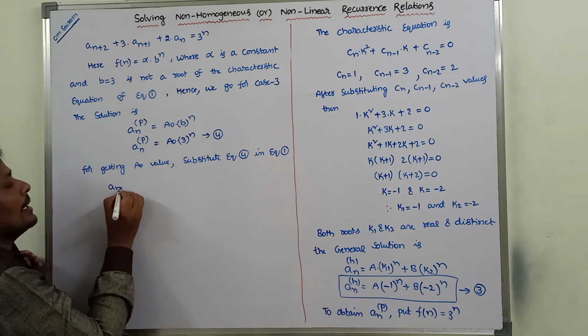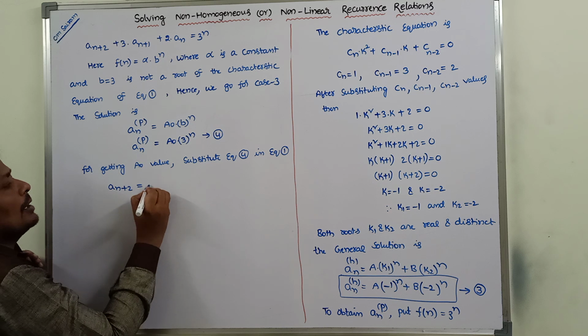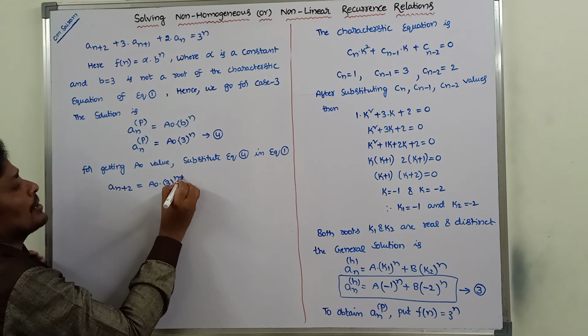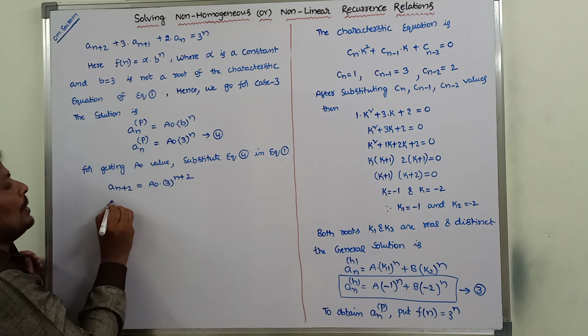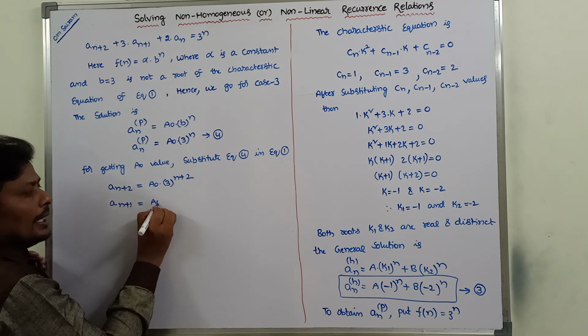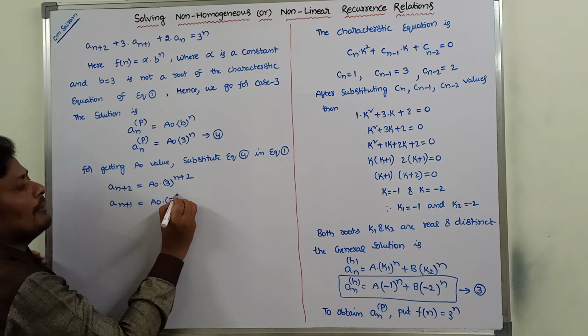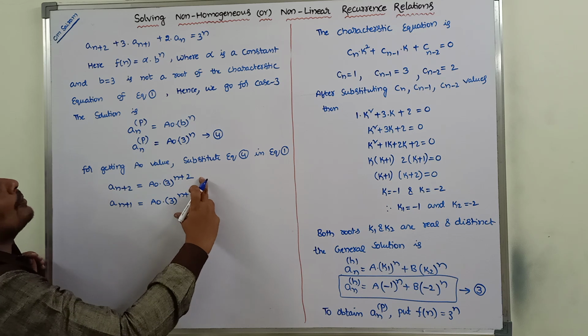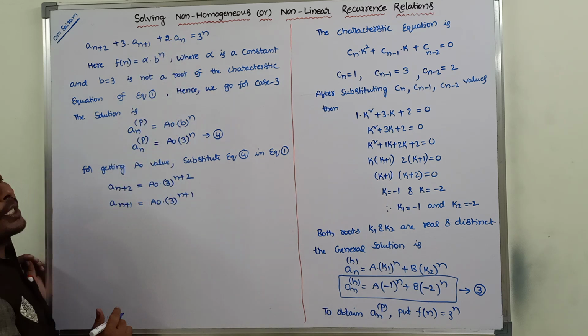Now a suffix n plus 1 is equal to a naught into 3 power n plus 1. Now these values are substituted in equation 1.